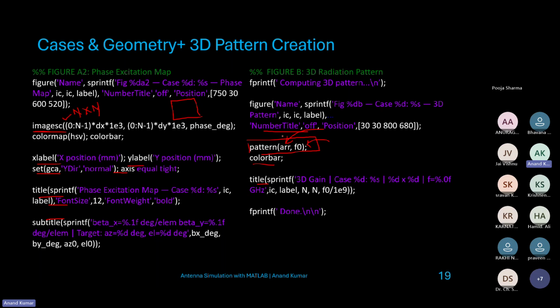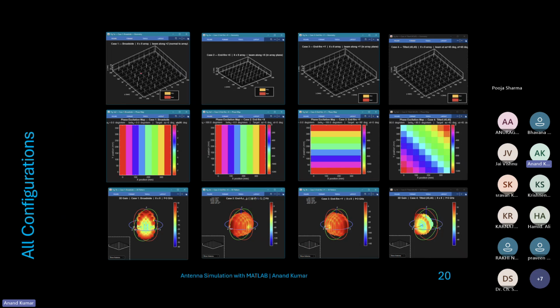So this is how we generate the geometry and the pattern. And if you run the script for each case, let's say case one, case two, case three, and case four, this will create the geometry by calling build array.